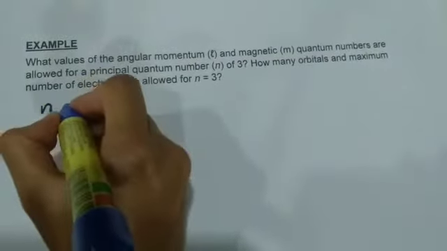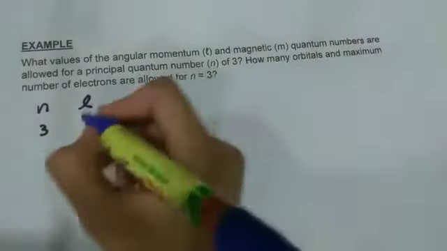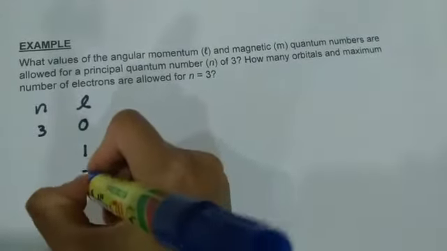Let's proceed to a problem related to the quantum numbers. You are given the question: what values of the angular momentum quantum number and magnetic quantum number are allowed for principal quantum number n equal to 3? How many orbitals and what maximum number of electrons are allowed for n equal to 3? So n is equal to 3, and your l value goes from 0 to n minus 1, so we have 0, 1 and 2.